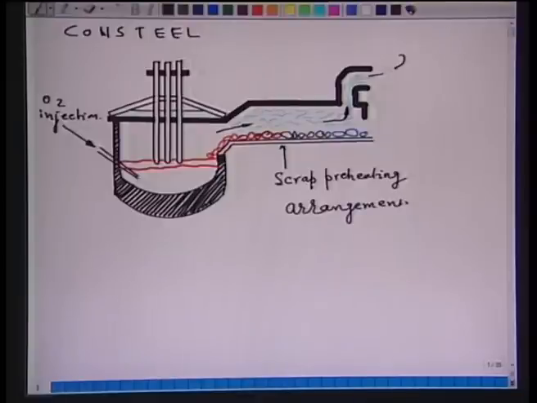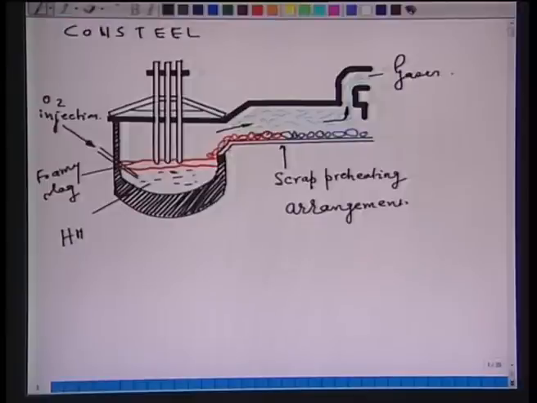These are the gases. This is hot metal, this is foamy slag, and here the hot gases directly from the electric arc furnace are introduced into the scrap preheating system.